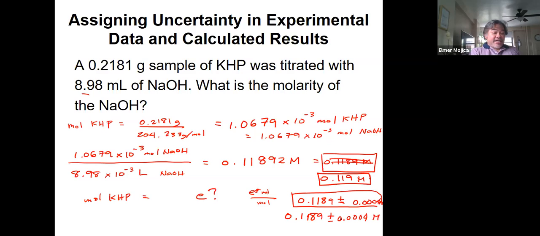As you could see, I need to use the whole decimal places here because of the uncertainty that I have. Because if I just follow the significant figures rule, I can just say 0.119. But if I look at the uncertainty propagation, I end up using 4 significant figures instead of 3. Why? Because of the uncertainty. I didn't show you how to do it, but you will end up with this one.